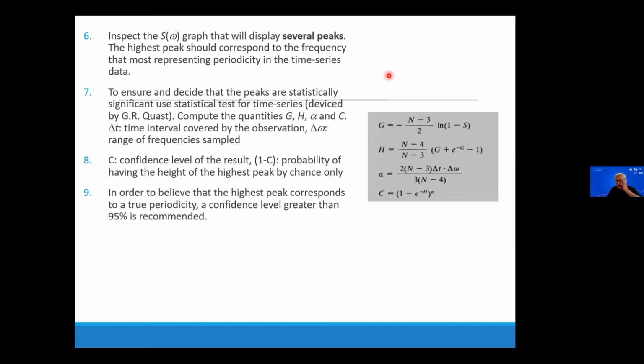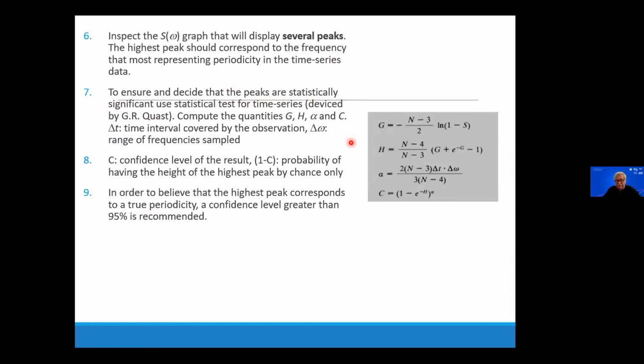But if you are curious about the statistical significance of the period of your finding, you can go through step 7 to 8. Because step 7 to 8 is to ensure that the decided peaks coming from this spectral correlation are statistically significant. Then basically from step 7 to 8, you are doing statistical tests on this.